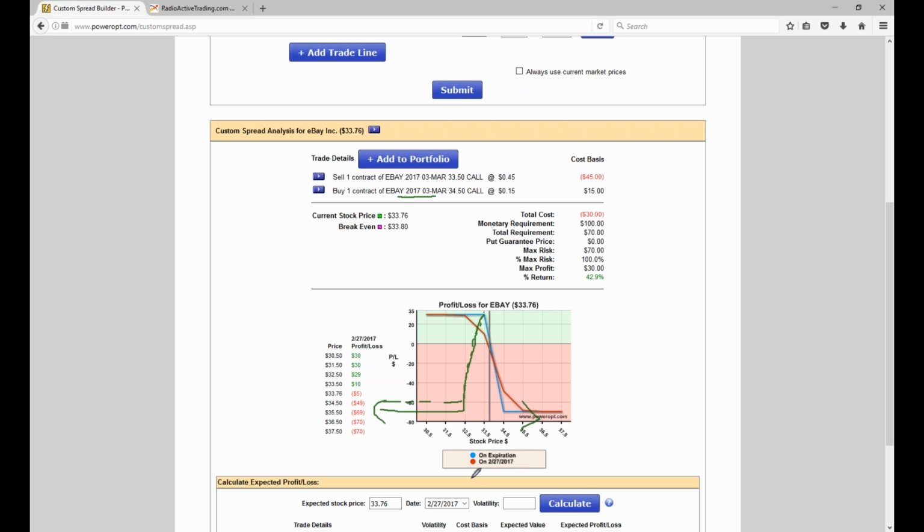I didn't solve the dilemma. My anticipation was that the stock was going to be moving down in price. Let's say when the stock was at 33.20 or so is when I would have entered this position, but it's gone the opposite direction. I was wrong on the direction of the stock.